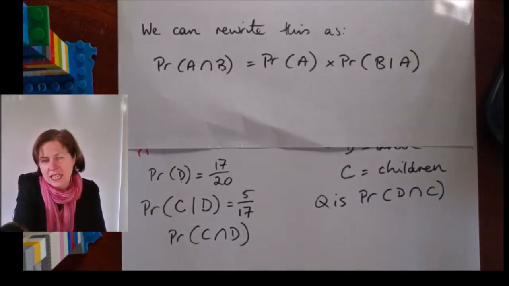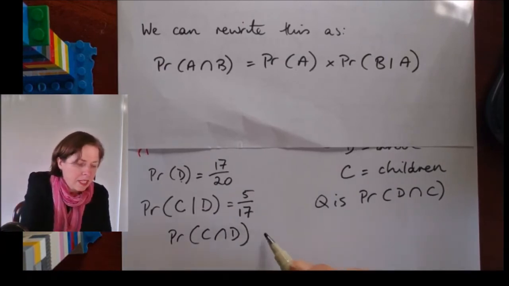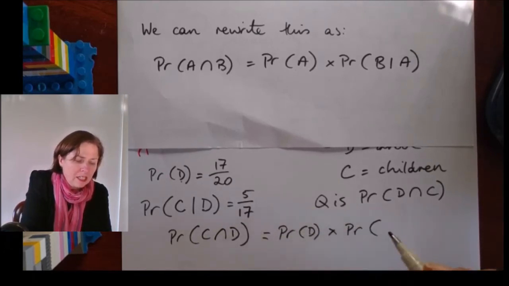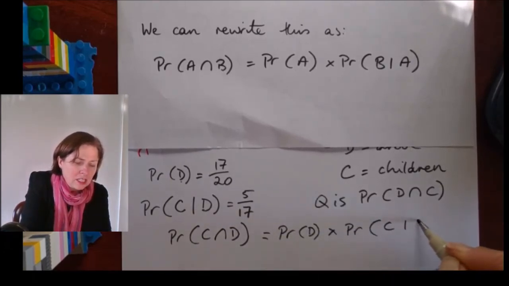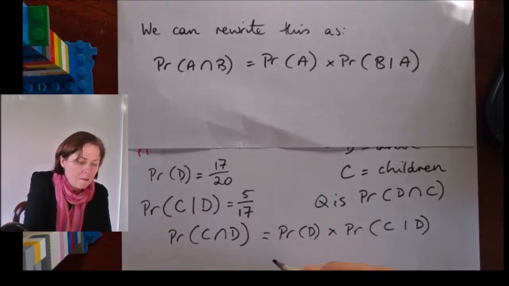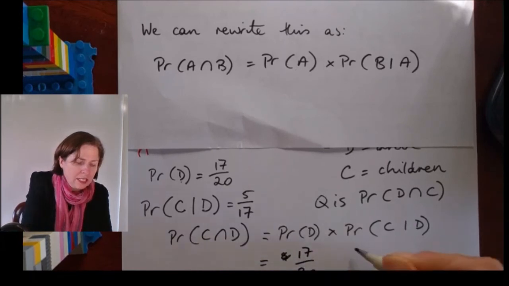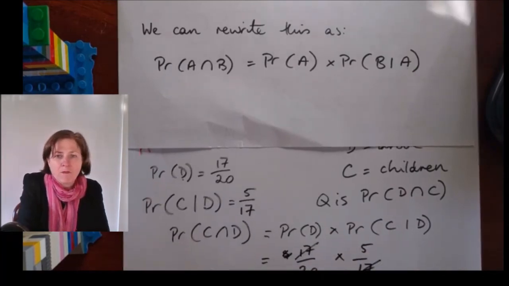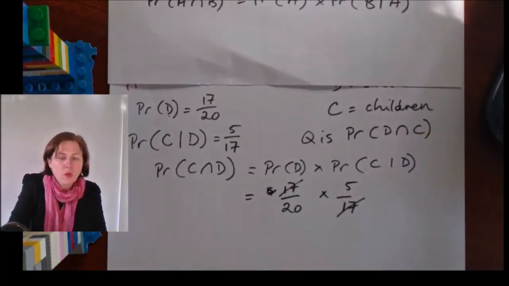C intersect D, D intersect C, it's the same, is equal to the probability of D times the probability of C given D. Okay, that's 17 over 20 times 5 over 17. These cancel, leaving me with 5 over 20, which is 1/4.